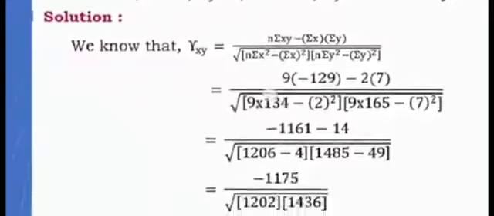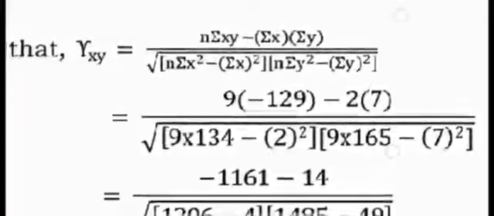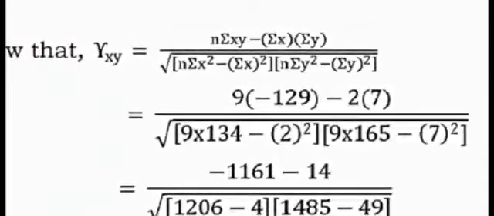For this you apply the formula Rxy is equal to n summation xy minus summation x into summation y, the whole thing divided by square root of n summation x square minus summation x the whole square into n summation y square minus summation y the whole square.